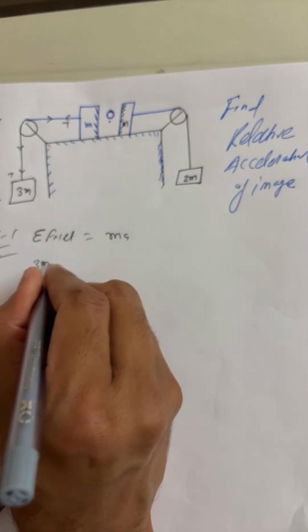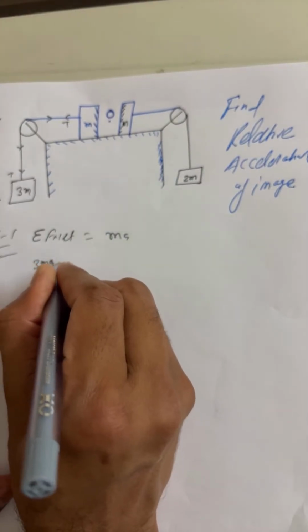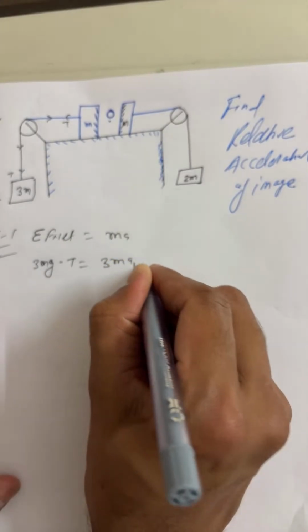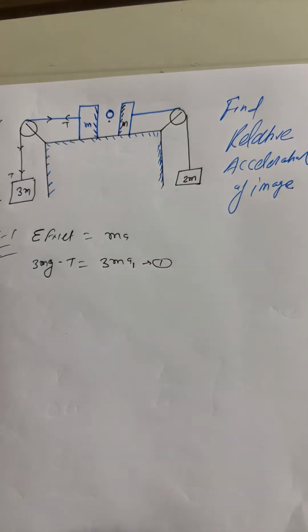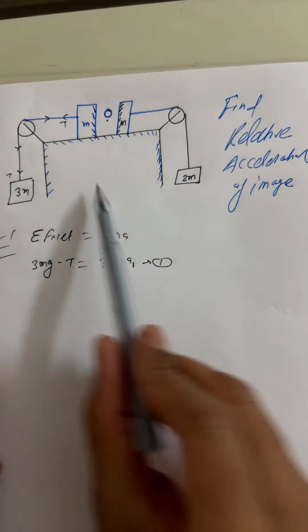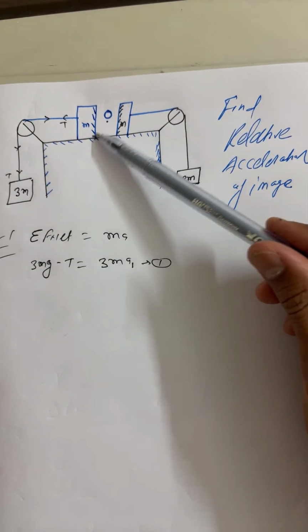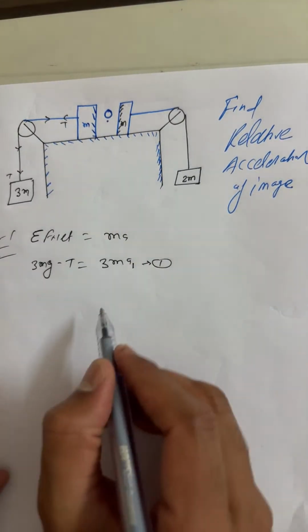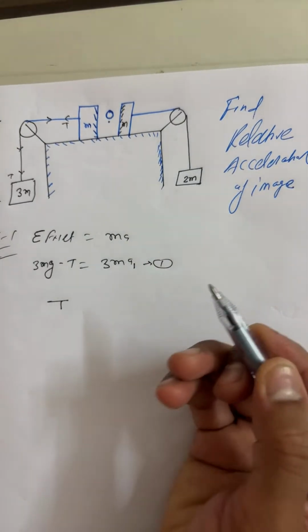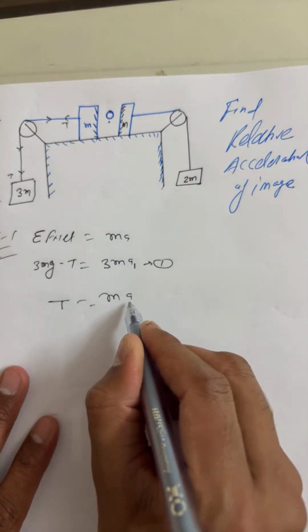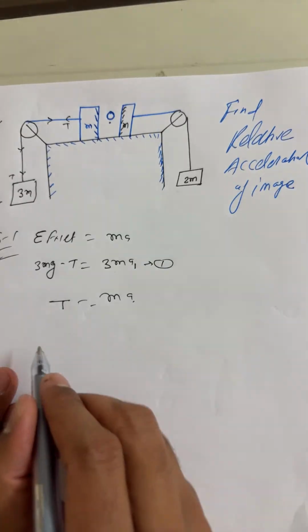So we can write 3mg minus T is equal to 3ma1. Say this is equation number one. Then apply the NLM equation for the other block. Summation of force is only tension, so T is equal to M into A1. I put this value in equation number one.